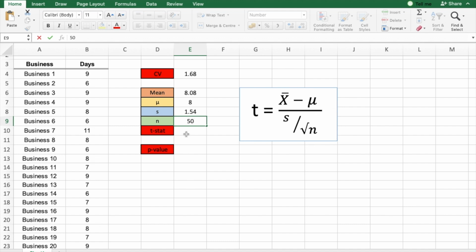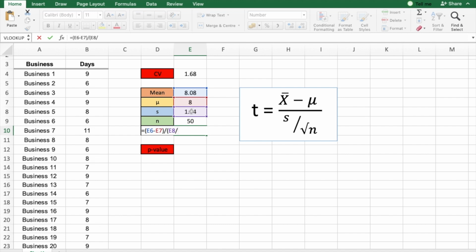We're going to find the T statistic. How do we find it? We insert a formula. Start with an open bracket. We have the mean minus the hypothesized mean, close the bracket, divide, open another bracket, we have the standard deviation of the sample divided by the square root of the sample size.